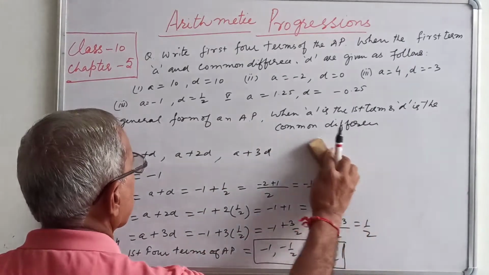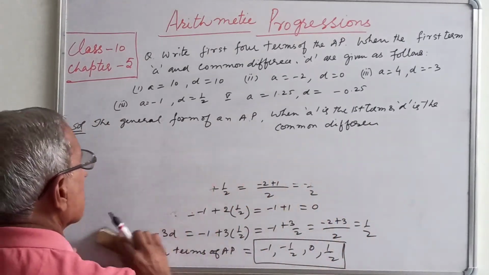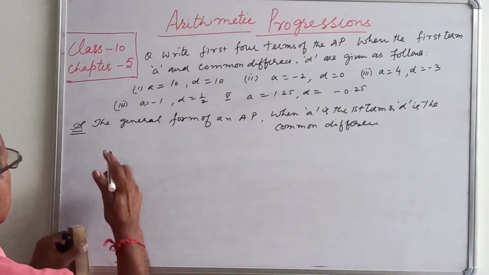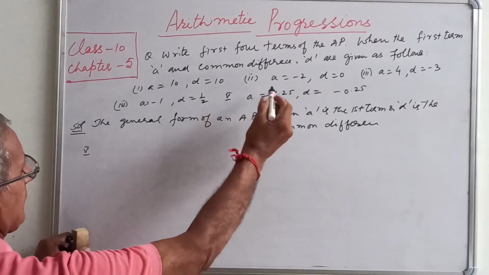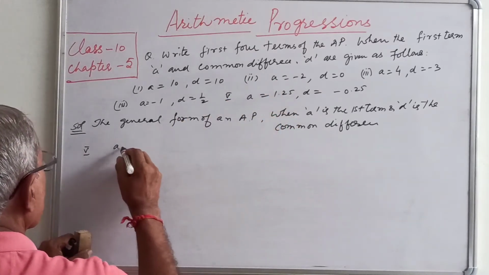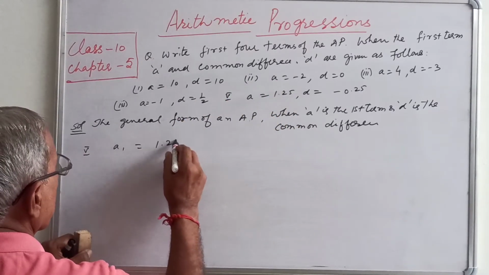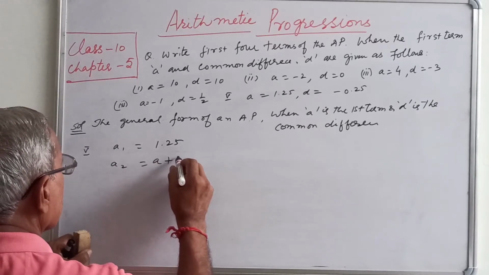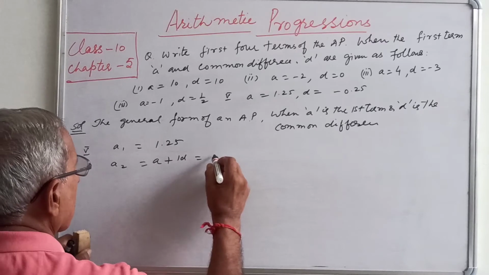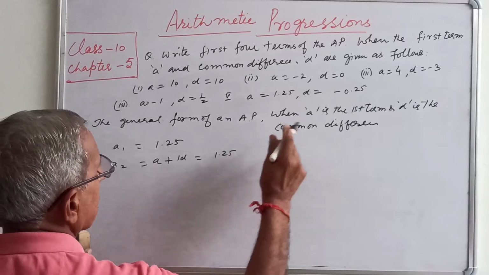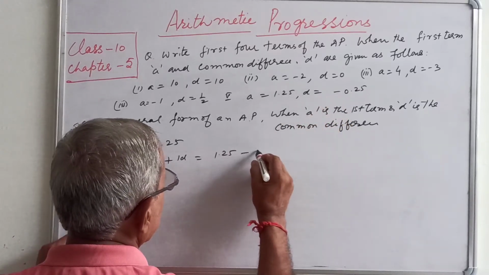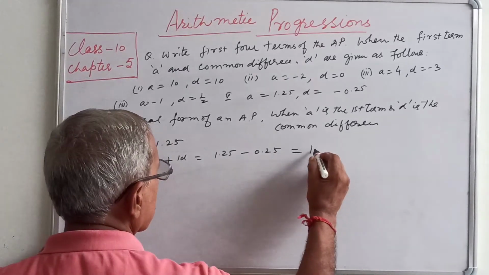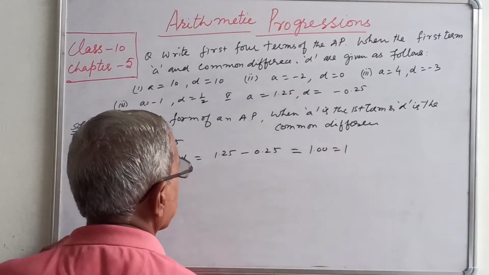The fifth part, so A1 is 1.25, A2 is a plus d, 1.25, d is minus 0.25, so this becomes 1.00, that is 1.